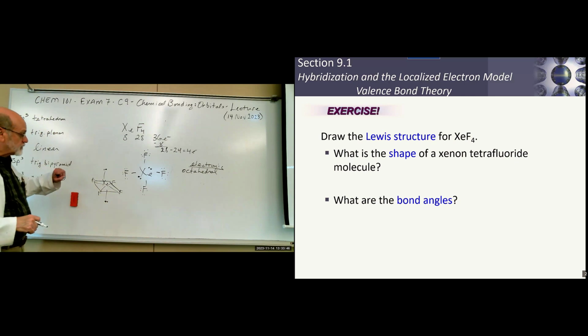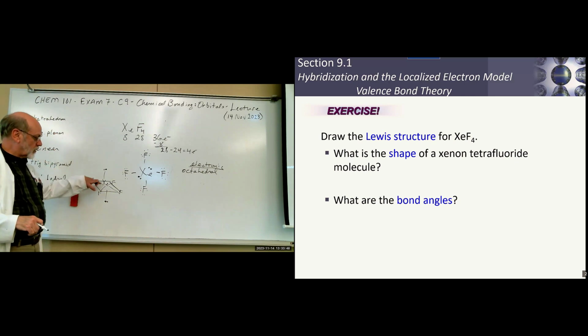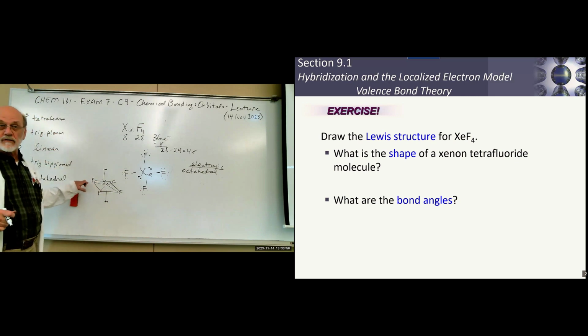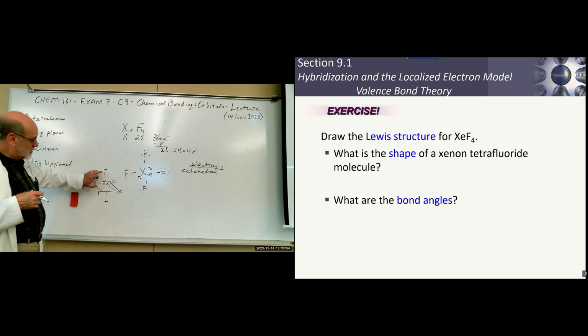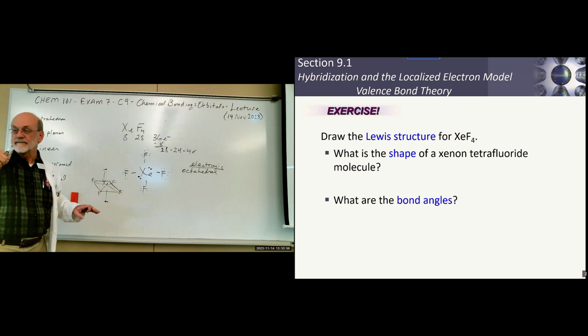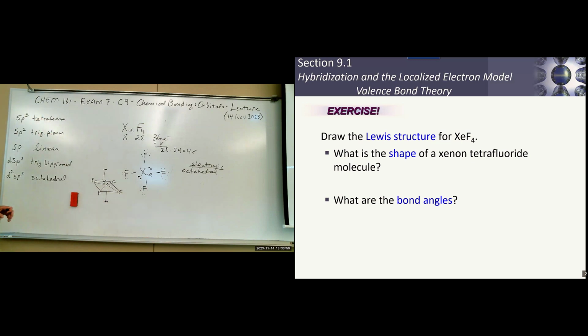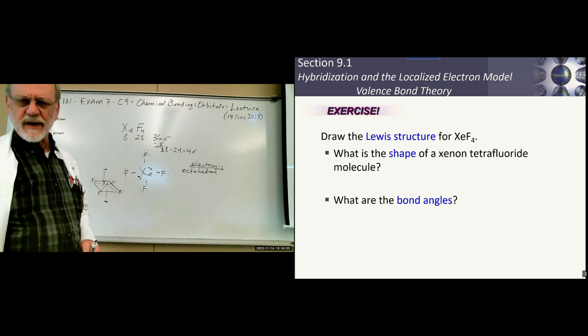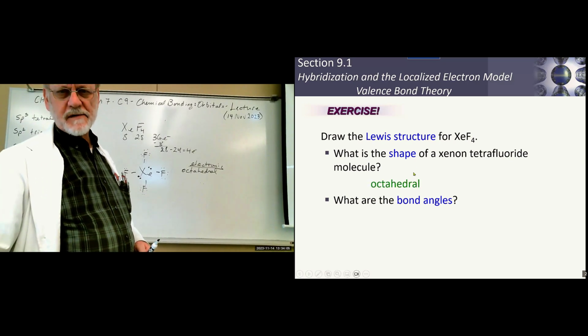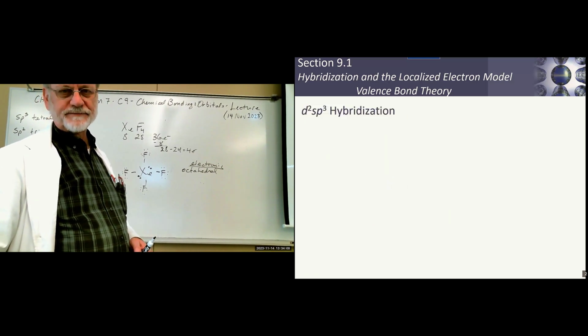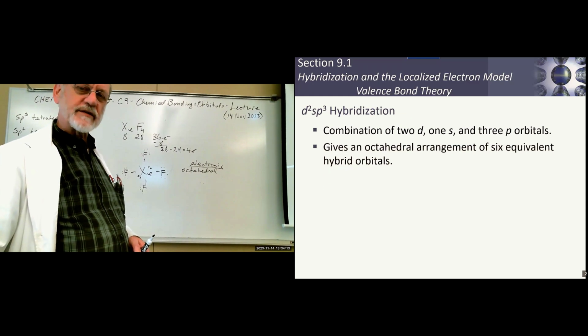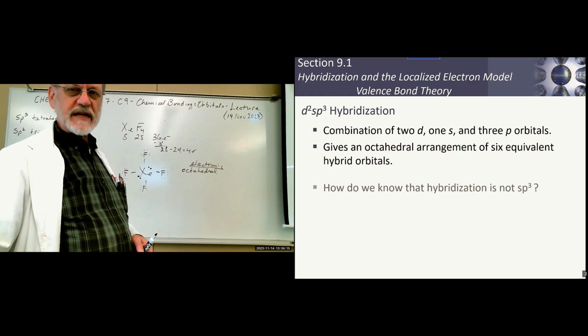We're going to use 4 of those for the xenon fluorine bonds. And the other 2 unused are going to be out here for the lone pairs. I think that's as far as we're going to go with hybridization. And they're all 90 degrees. All right, 2 Ds, 1 S, and 3 P's. That's an octahedral shape.